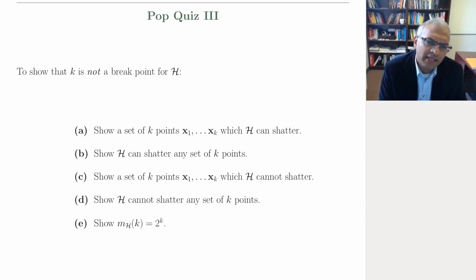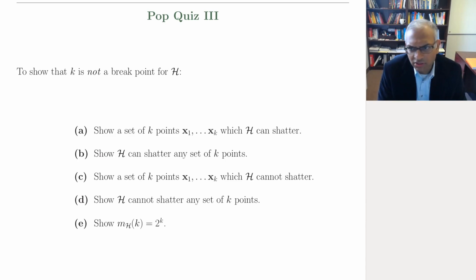B, show that H can shatter any set of K points. C, show a set of K points which H cannot shatter. D, show that H cannot shatter any set of K points. And lastly, E, show that the growth function m of K is 2 to the K. So to show that K is not a breakpoint.